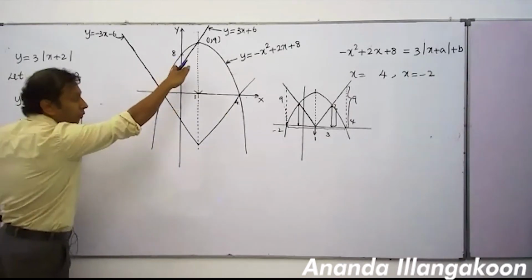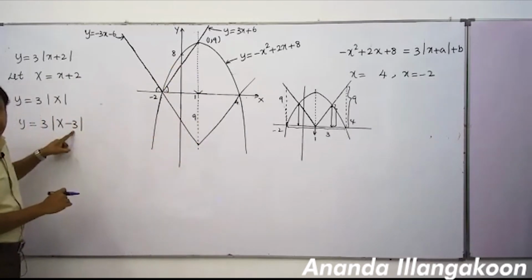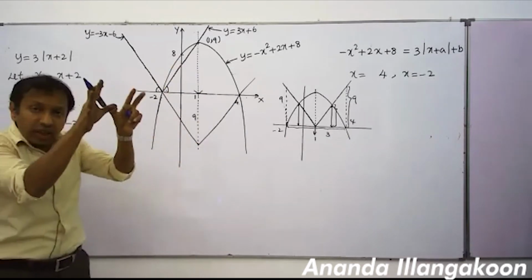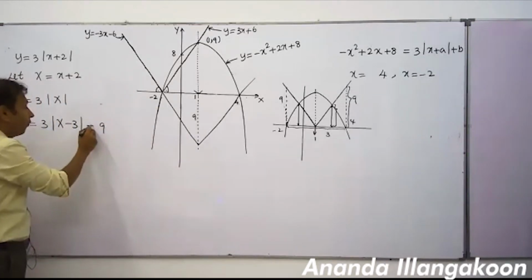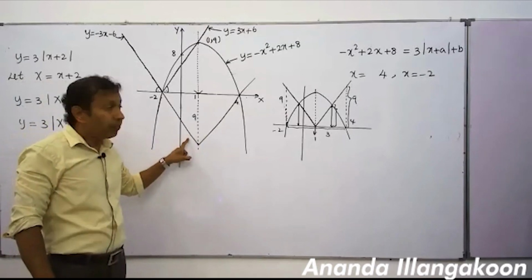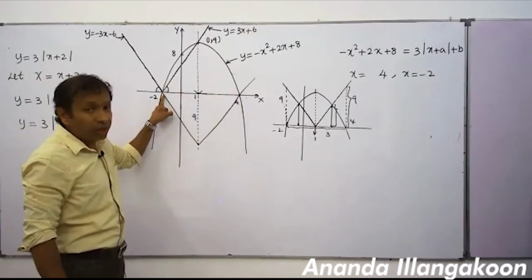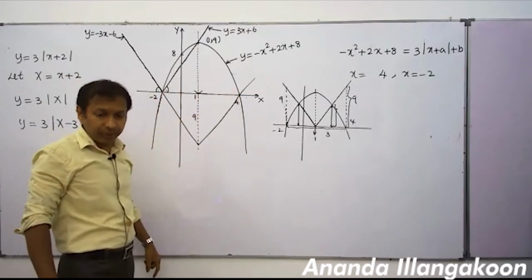Now that graph we have taken, people, 9 units down. People, when a graph is taken 9 units down, we have to subtract 9 from that, no? Then we get this graph. It's this branch and this branch now passing through what? -2 and 4. Understand? Okay.